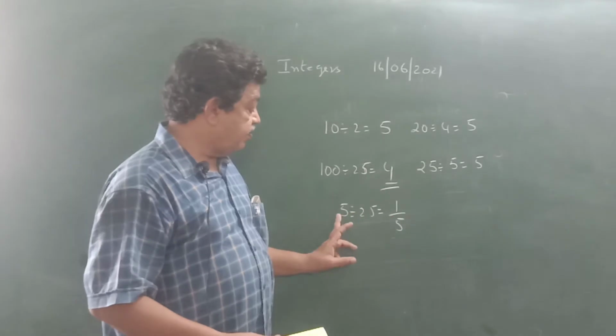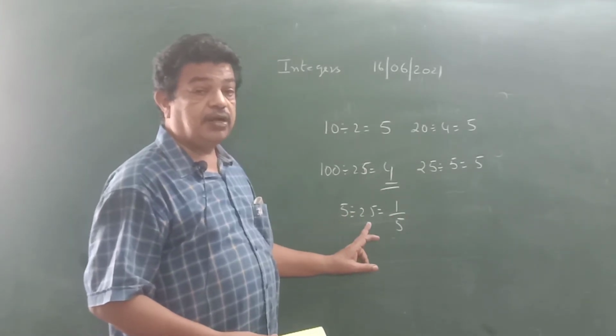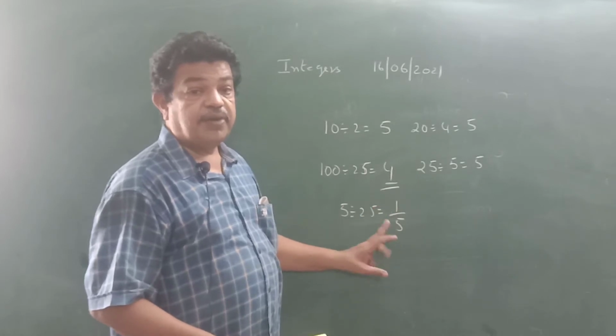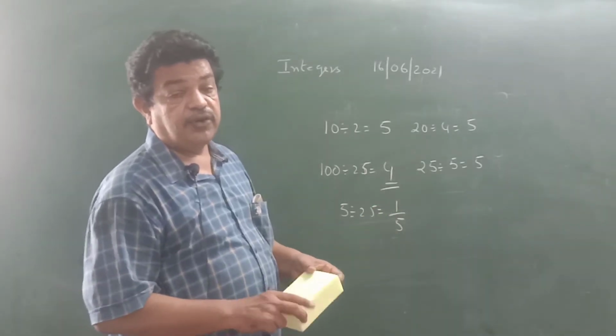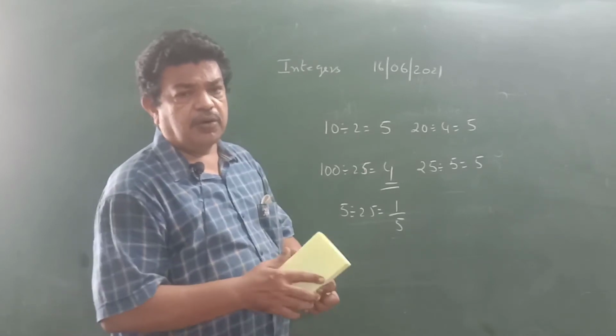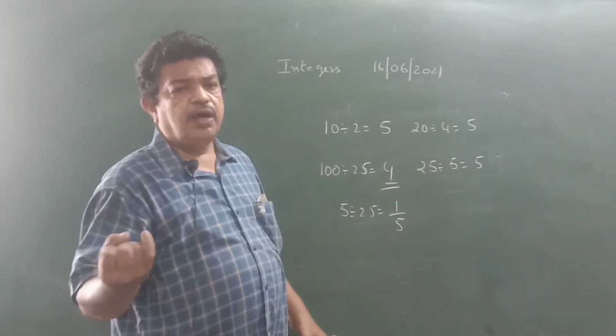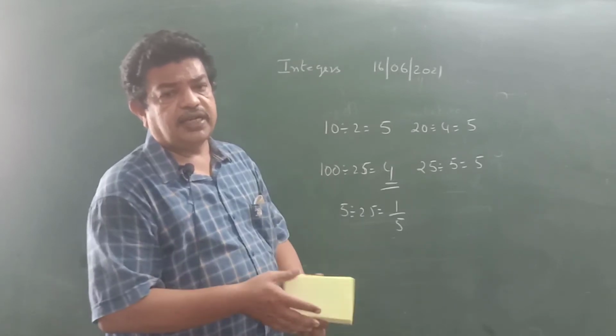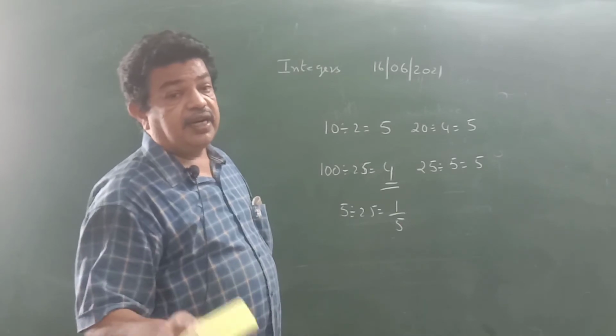But here, 5, a small number, is divided by a larger number, and the result is not an integer, it is 1 by 5. 1 by 5 is not an integer. Therefore, integers do not have closure property under division. When closure property itself is not satisfied, commutative, associative, identity properties are not satisfied for integers under division.